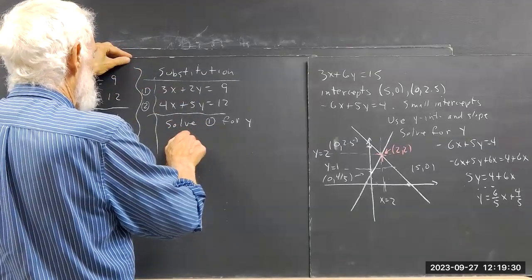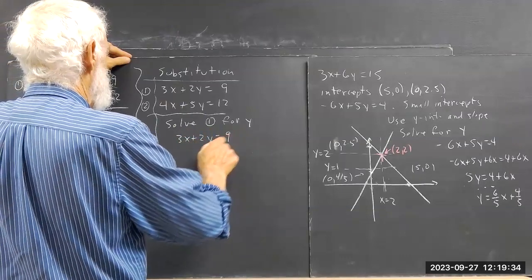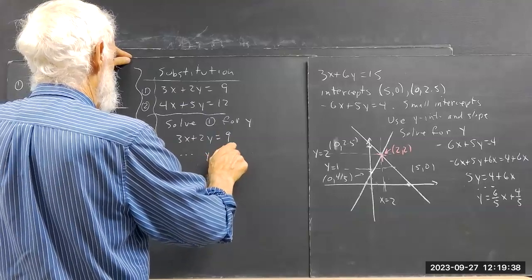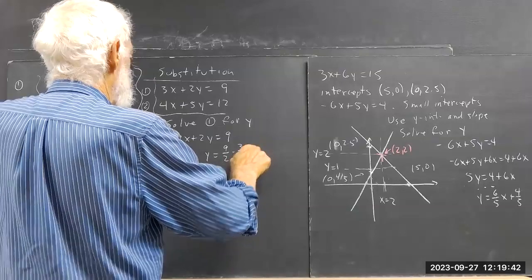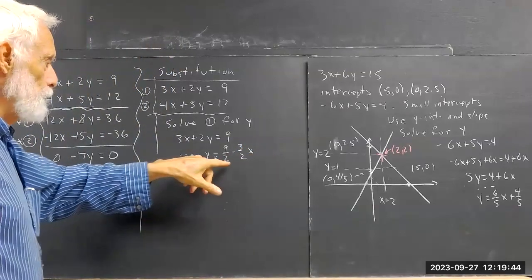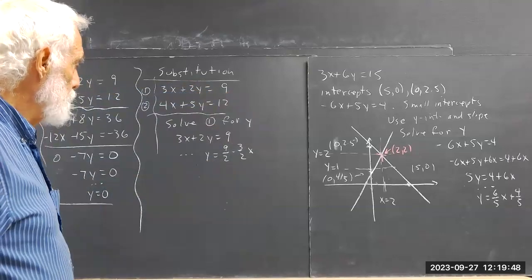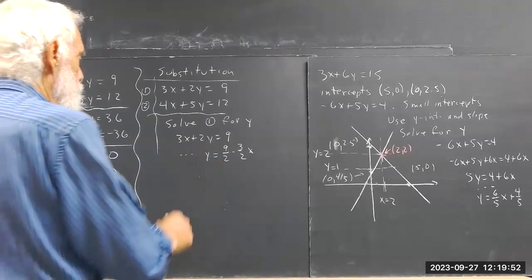So we get y equals 9/2 minus 3/2 x. We just subtract 3x from both sides, divide both sides by 2. Very easy to solve this for y.